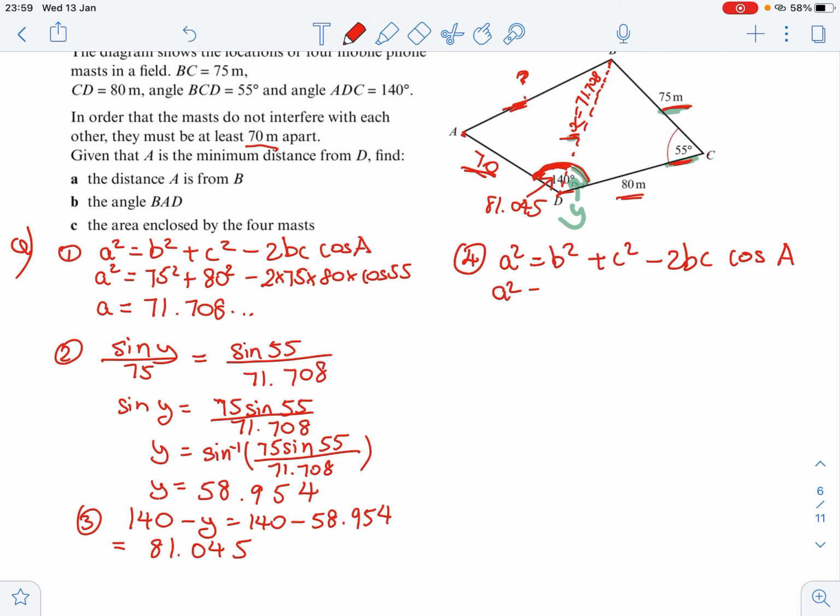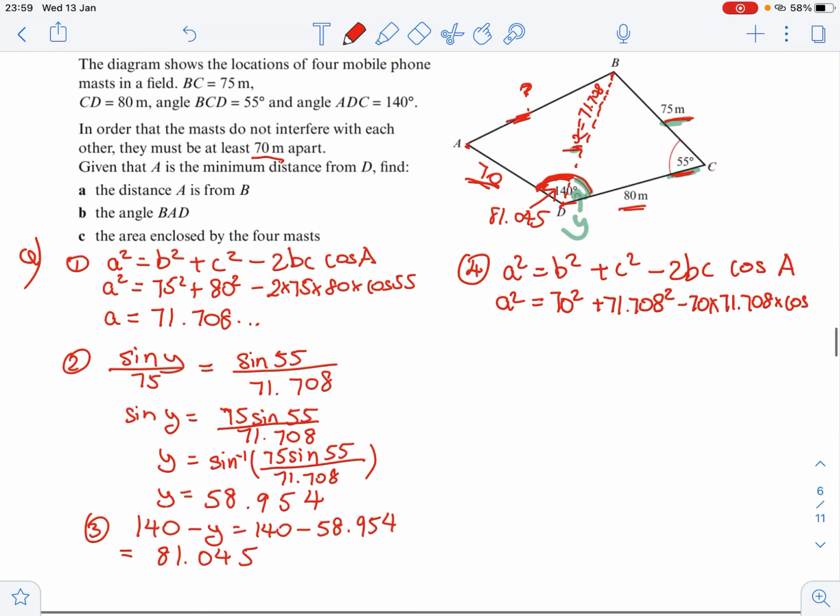So I have a squared is equal to 70 squared plus 71.708 squared minus 2 multiplied by 70 multiplied by 71.708 multiplied by cos 81.045. Then just type into our calculator to find your answer for a.